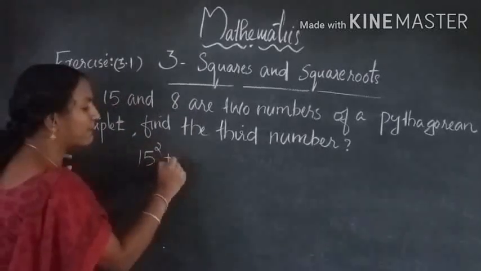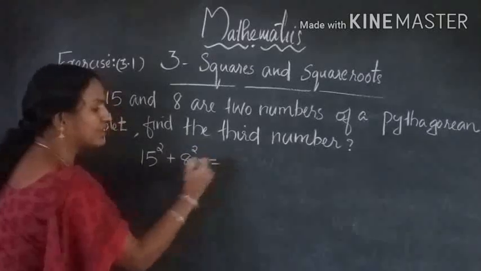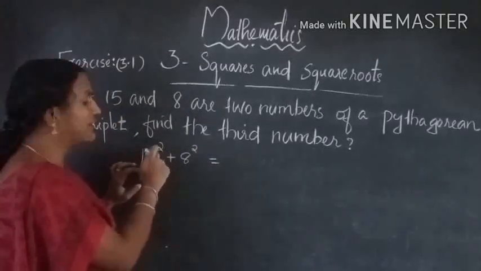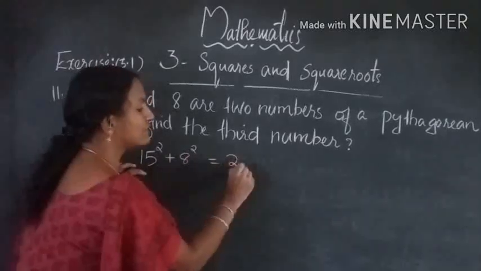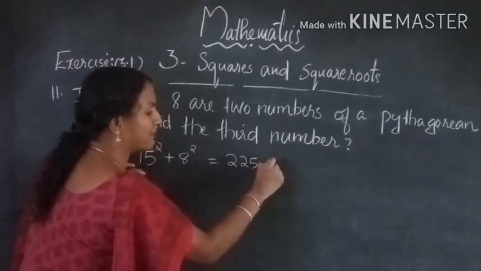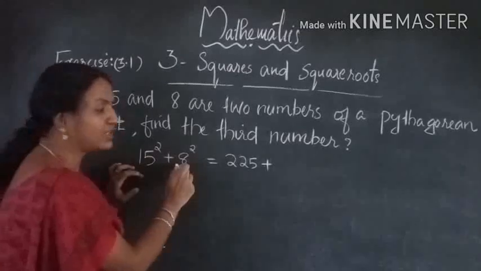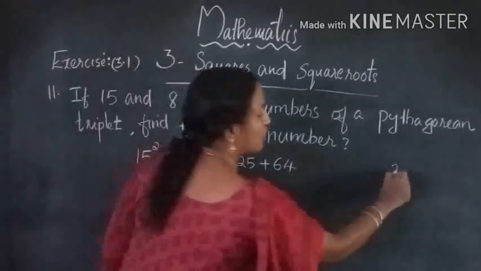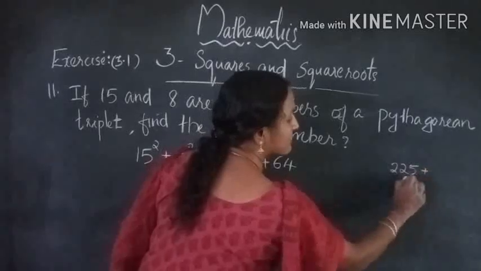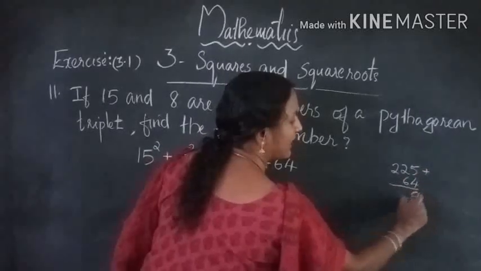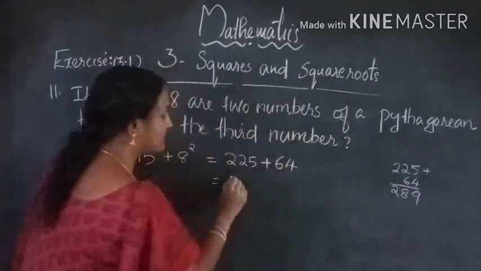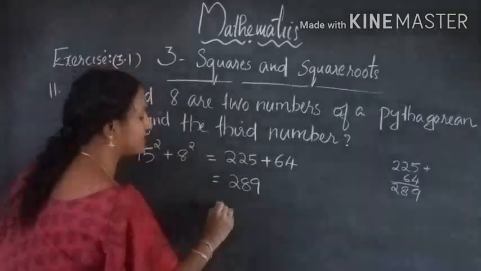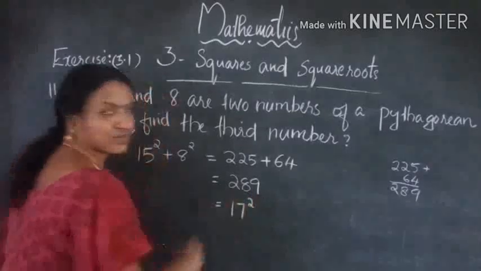15 square plus 8 square. 15 square means 15 into 15, 15 multiplied by itself. So 15 square is 225, plus 8 square, 8 into 8, 64. Adding these two, 225 plus 64, is 289, which is equal to 17 square.